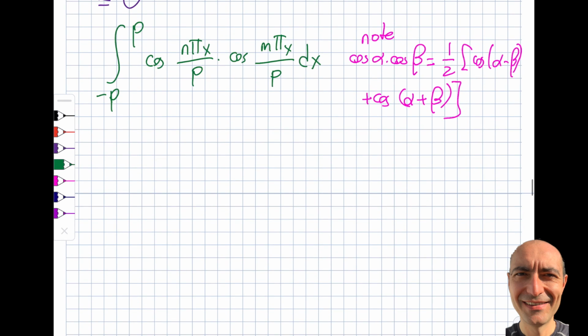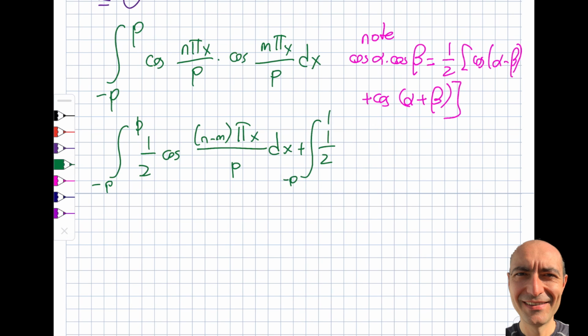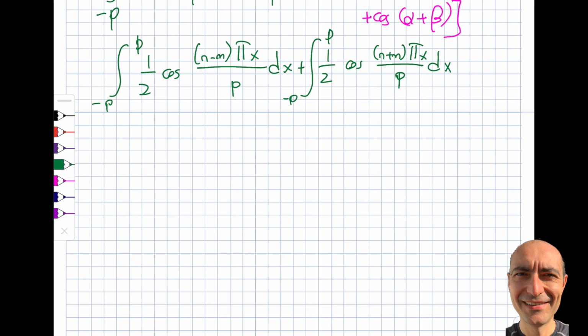So I'm gonna have minus p to p, 1/2 cosine of (n minus m) pi x by p dx plus 1/2, minus p to p. It doesn't matter where you put the 1/2, it's a constant. Cosine of (n plus m) pi x by p dx. And I do the exact same thing that I did in the previous step.